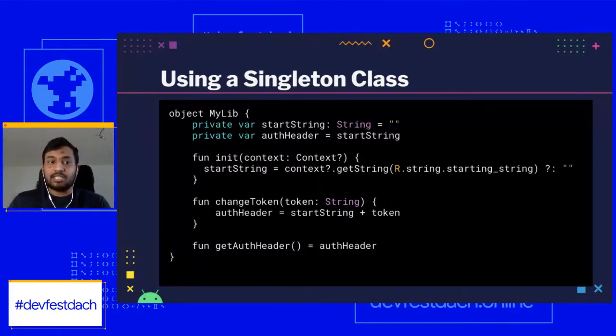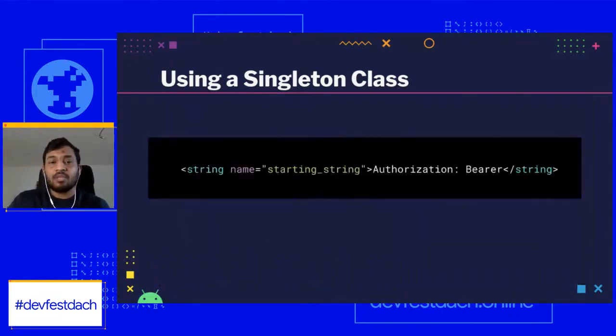Nothing has changed. The only thing that has changed is your init function, which references a string from the strings.xml file. That's why we need the context. And in your strings.xml file, you have something called starting_string as a key value, and then you can get the same string that you were putting inside your mylib class earlier.